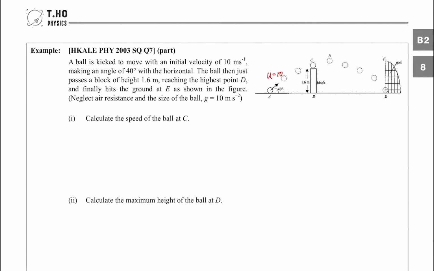Firstly, in part 1, it is asked what should be the speed at C. At C, the ball has gone up 1.6 meters, so some of the KE at point A will be converted to PE here. Here we can consider the conservation of energy from A to C. At first, the ball at point A has no PE.